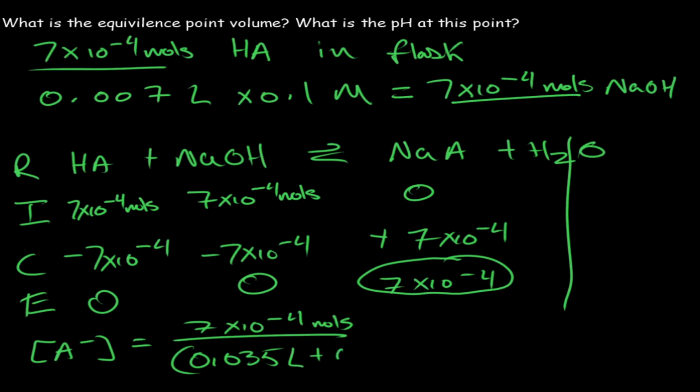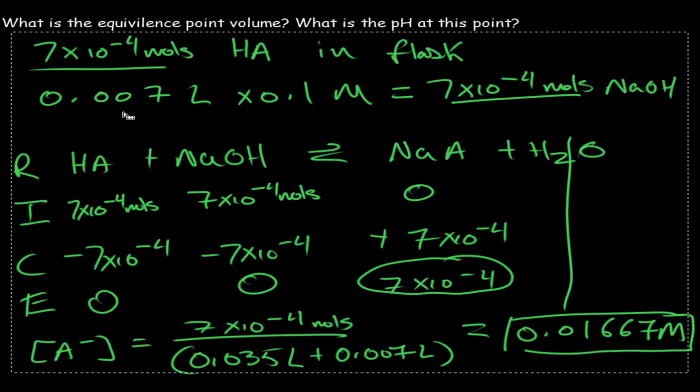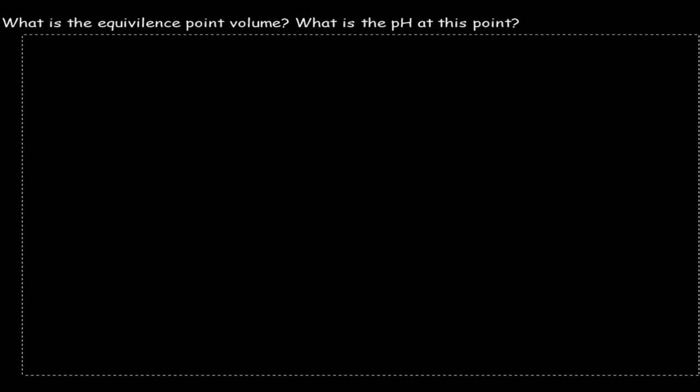And we added just now 0.007 liters of NaOH. This will give us a concentration of 0.01667 molar. So we have 0.0166 molar of acetate. Our next thing is to figure out what is the pH of this weak base. So it's very similar to the calculation that we did at the beginning of this video, which was calculating the pH of the initial flask.